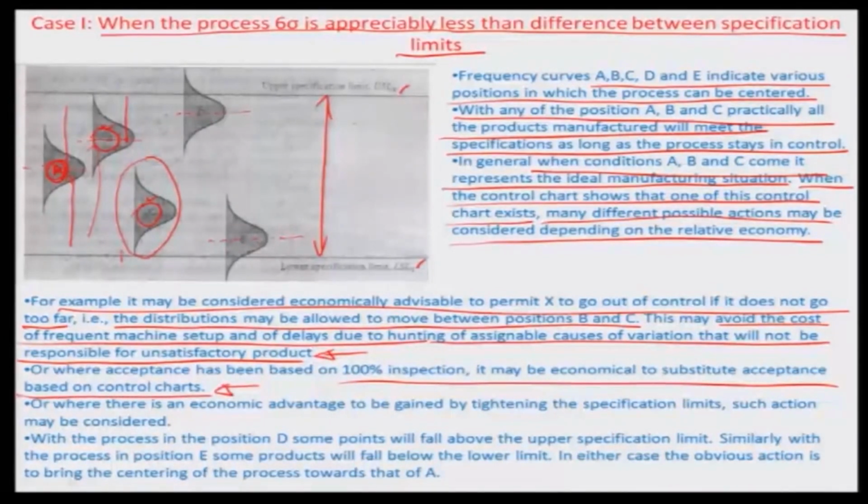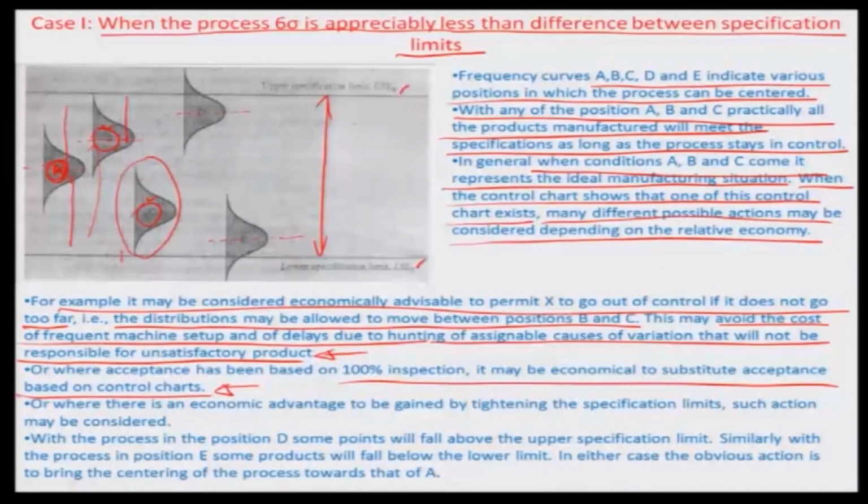So that is really how the process spread and mean centered about the upper and lower specification limits would indicate different levels and degrees of control which may be needed on the process.